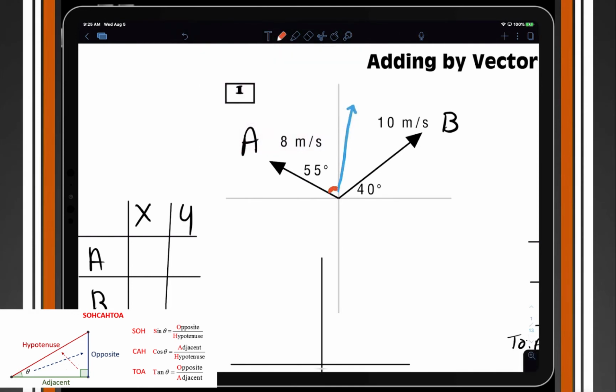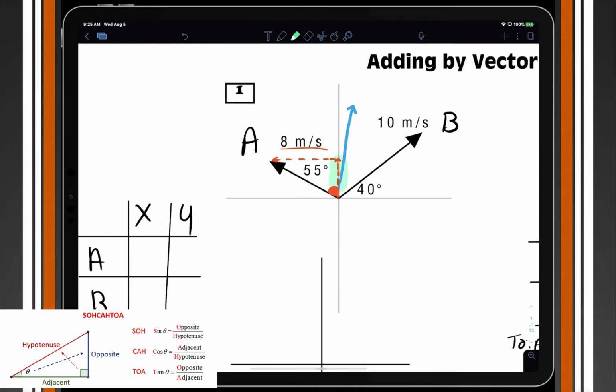This is my angle right here that's given to me. I see 55 degrees. I'm going to figure out what is the y value for that 8 meter per second. And I'm going to figure out what the x value is for that 8 meter per second.